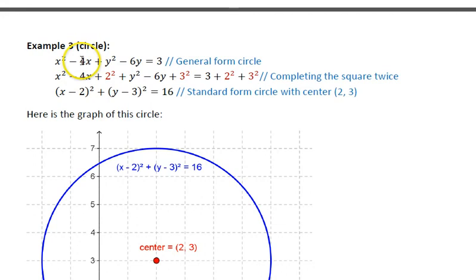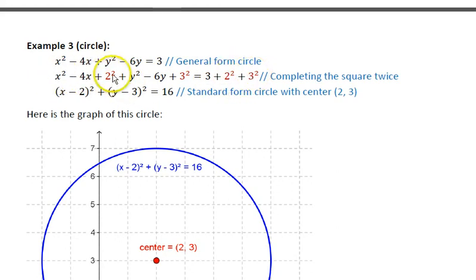If we take half of 4, that's 2, and square it, that's 2 squared. If we look at the y terms, the linear term is a 6. If we take half the 6, that's 3, and square it, we would add 3 squared to that binomial. So we've added a 2 squared to this binomial phrase and a 3 squared to this binomial phrase. We have to do the same thing on the right, add a 2 squared and a 3 squared.